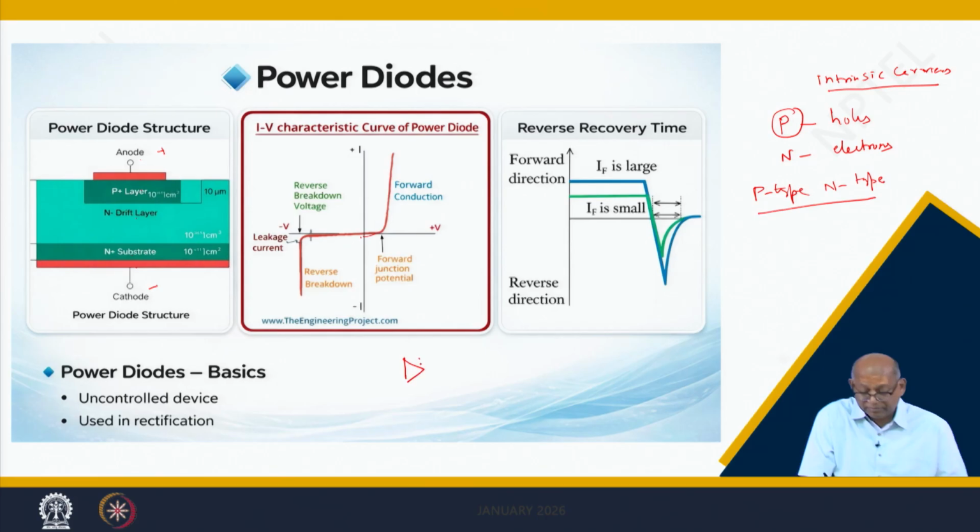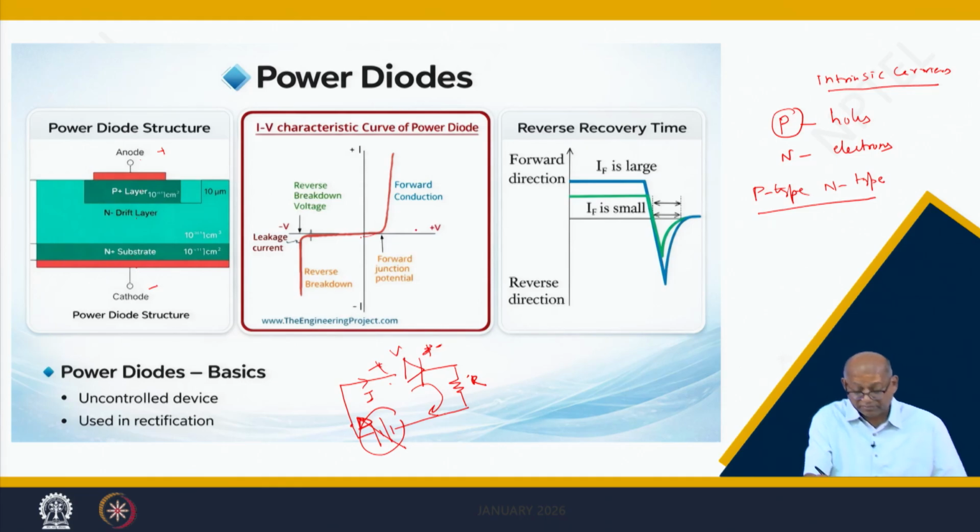Suppose you put it in a circuit, with the voltage across this diode Vd, plus and minus, and current I. So this is the V-I characteristic. If you keep on increasing this voltage, which is variable, after some time it will start conducting depending upon the resistance. If you keep on increasing, the current will keep on increasing.